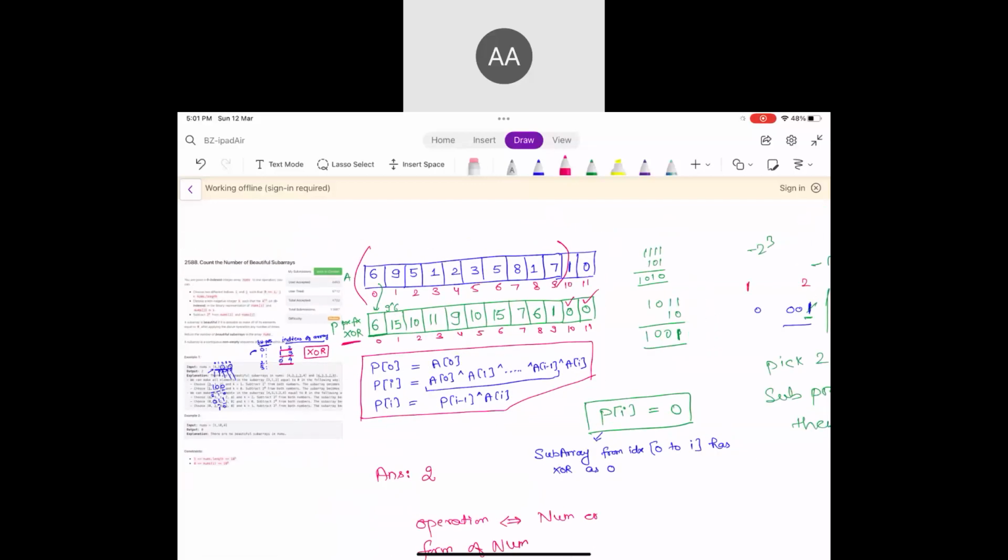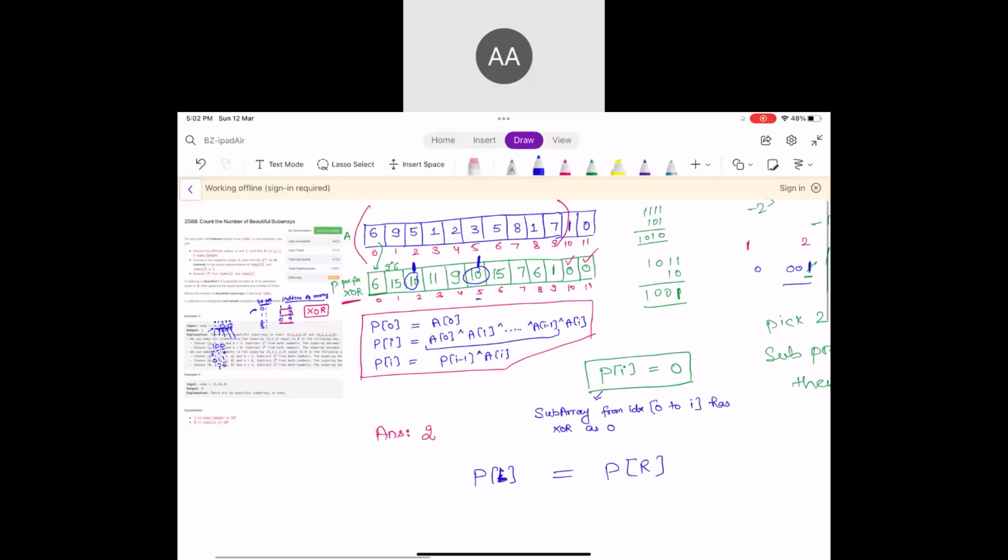Second part is, imagine if the prefix value up to some index left, let me pick index left which is here 2, and some index right which is 5, their values are becoming same. If you say this was 10, this was 10. So if prefix of L is equal to prefix XOR of R, where R is greater than L, this also indicates something to us.